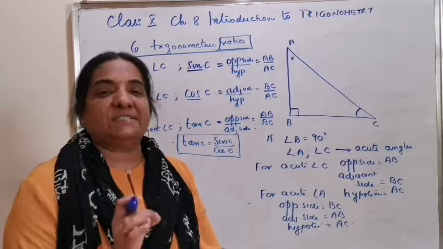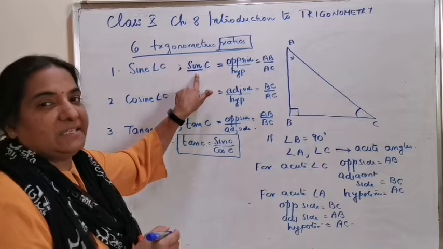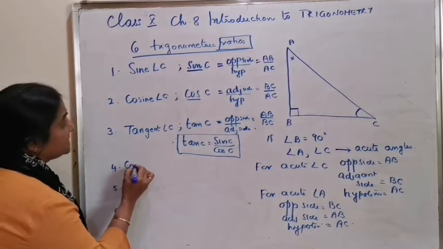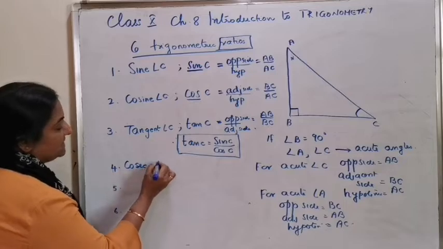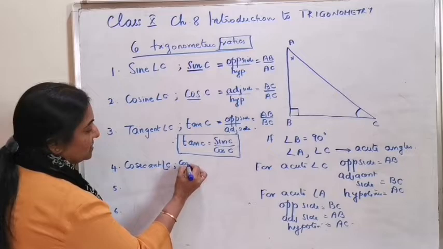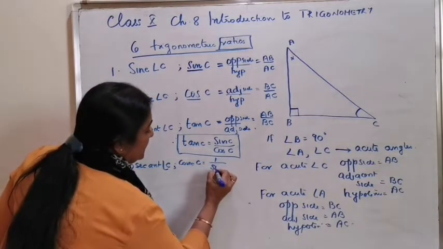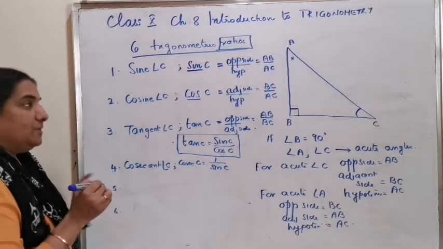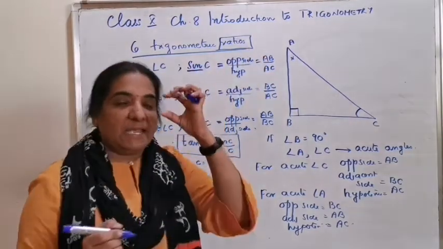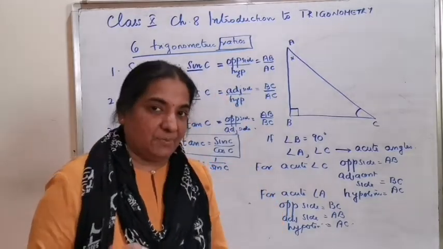The reciprocal of sine is giving you the fourth ratio, the name is cosecant C, or cosec C is 1 by sine C. You need not learn by heart hypotenuse by opposite. Get the value of sine, just apply its reciprocal.